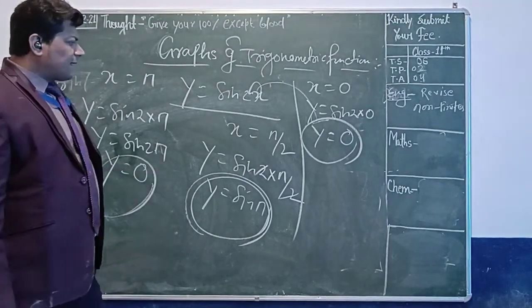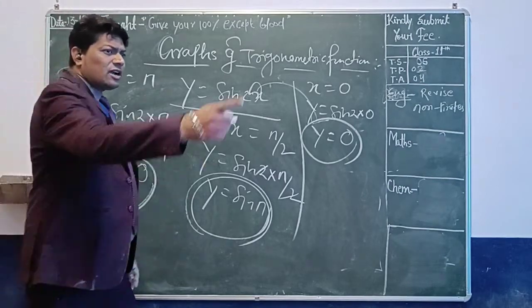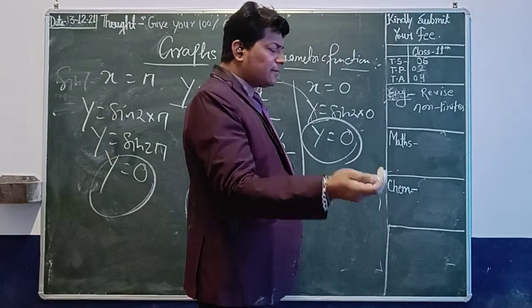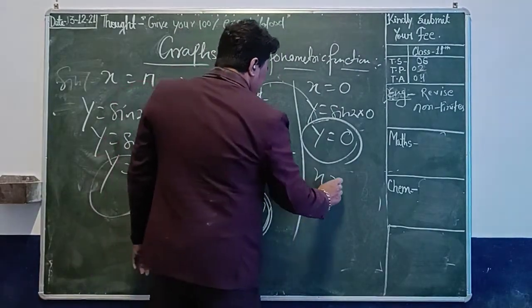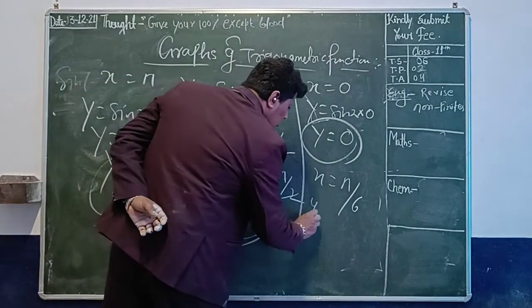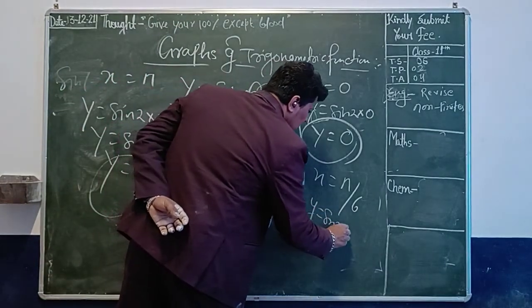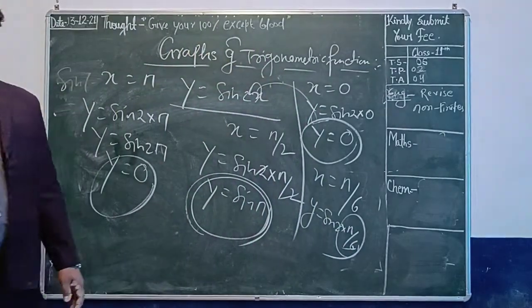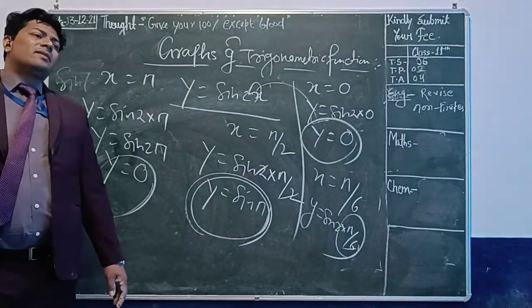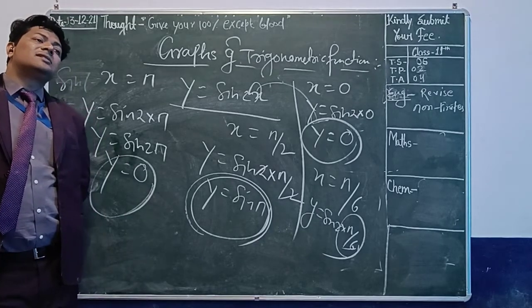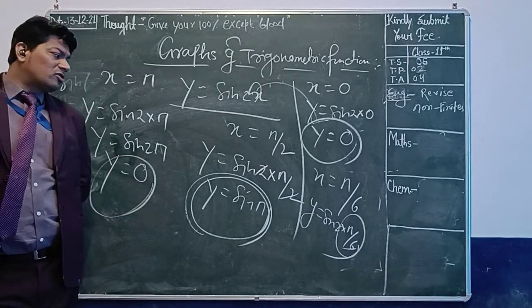Now if you take x equal to pi by 6, okay? So y equal to sin 2 into pi by 6, that is pi by 3. Pi by 3 means simply 180 divided by 3, 60 degrees. That one is 60 degrees.